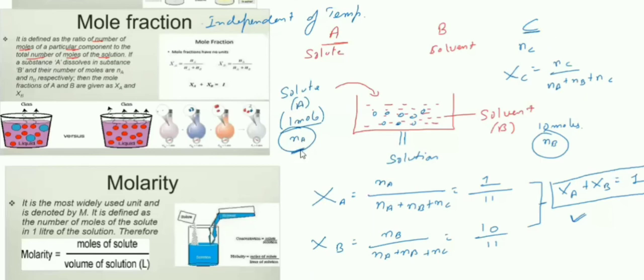Suppose we are telling number of moles of A. So moles of A, that is Na, is given as weight of A divided by molar mass of A. So again, we are having just a mass term. Similarly, number of moles of B is equal to weight of B divided by molar mass of B. So nowhere in the equation are we using volume, and volume is the unit which changes with temperature. Here we are not involved with volume. That means this mole fraction is independent of temperature.